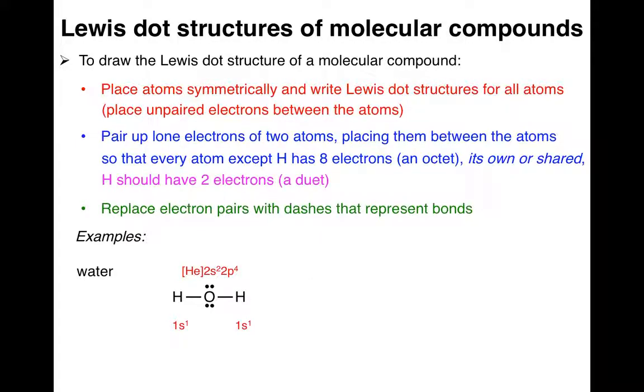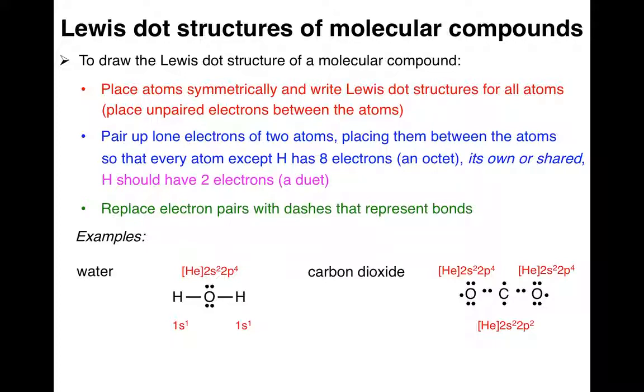Here are a few more examples. For carbon dioxide, place the carbon atom in the middle and the two oxygen atoms on either side of it. It turns out that if carbon and each of the oxygens share just 1 electron with each other, then the number of electrons for carbon is only 6, and the number of electrons for oxygen is only 7, short of an octet.